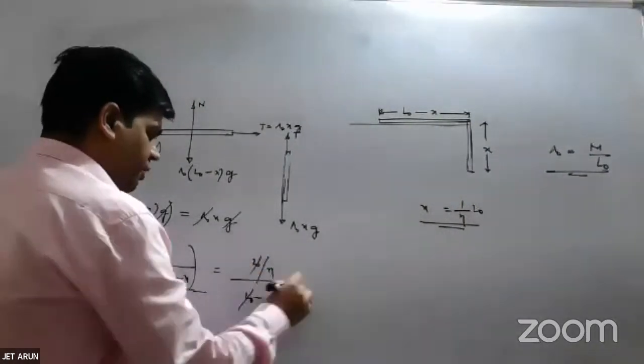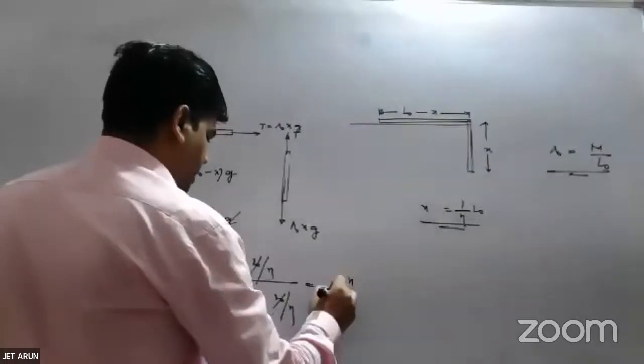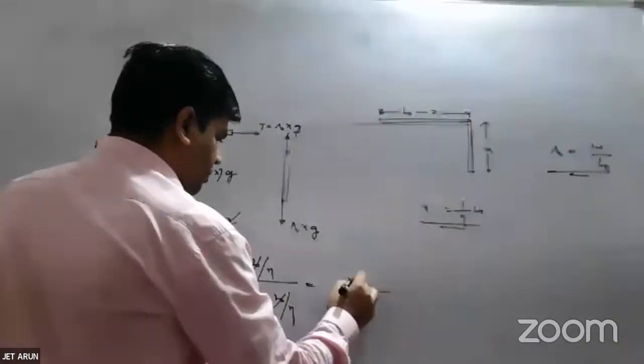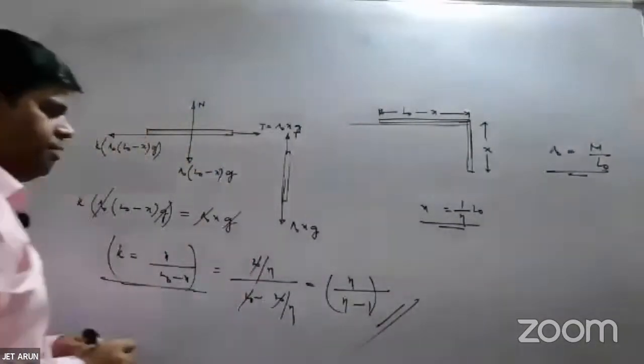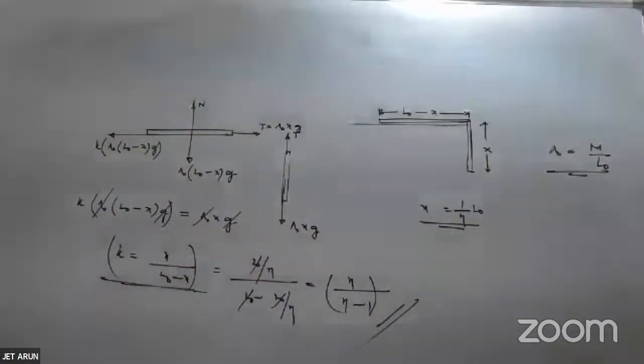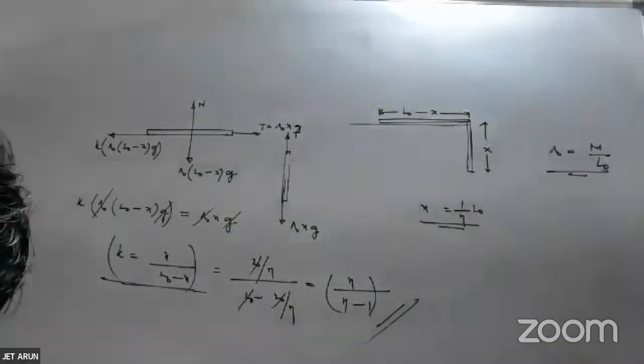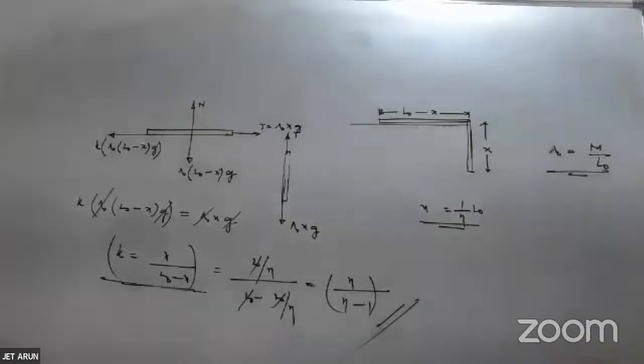L naught also gets cancelled out, and I'll have eta by eta minus 1 as my mu. Is it okay?